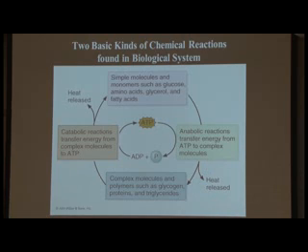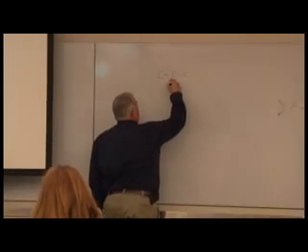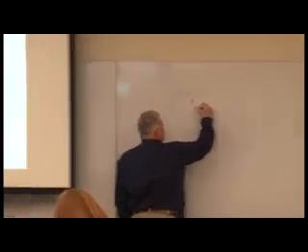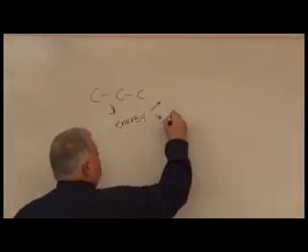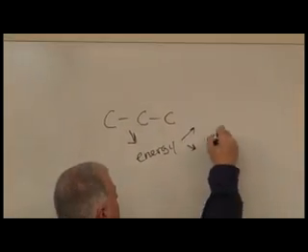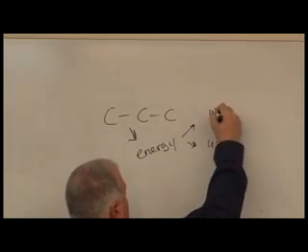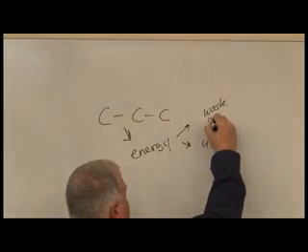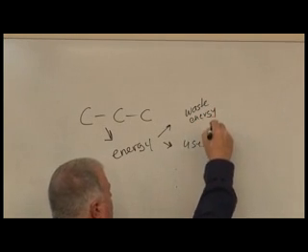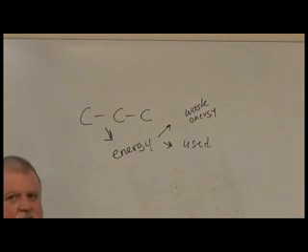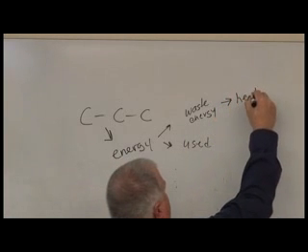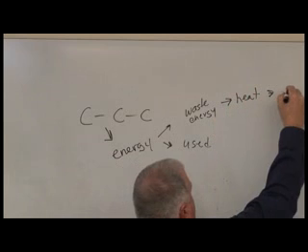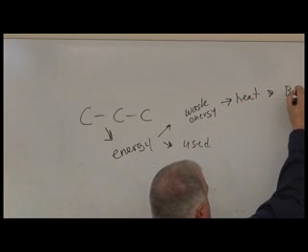So when we break these carbon-carbon bonds, we release energy. And then the energy is divided into two groups: the energy that's used, and what we would consider waste energy, which is low-grade energy that we really can't use effectively. And so we would refer to this as heat energy, and that maintains body temperature.